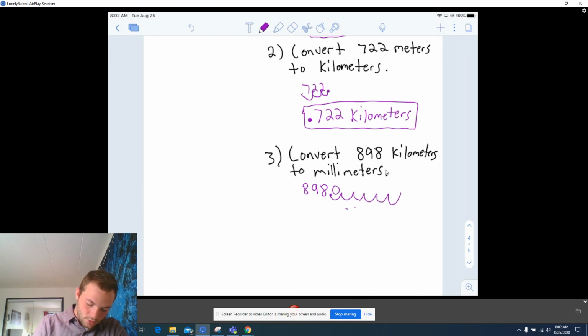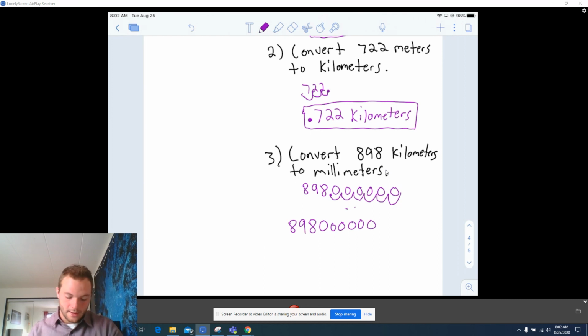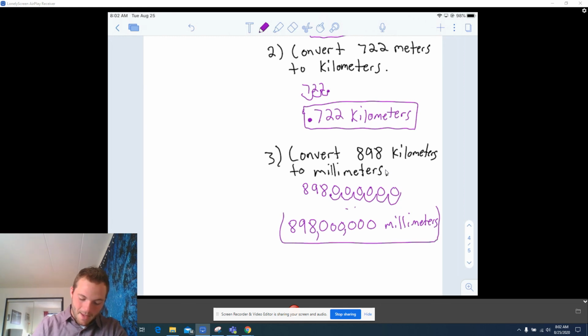So that's going to be 1, 2, 3, 4, 5, 6. And then our answer would be 898 with 6 zeros. And I'm going to throw some commas in there to make it look a little nicer. And our answer would be this many millimeters in that many kilometers.